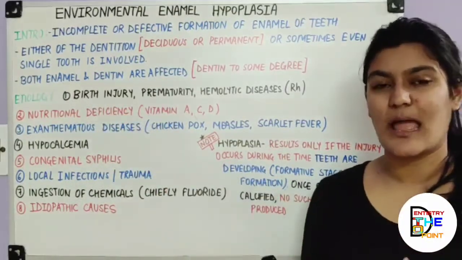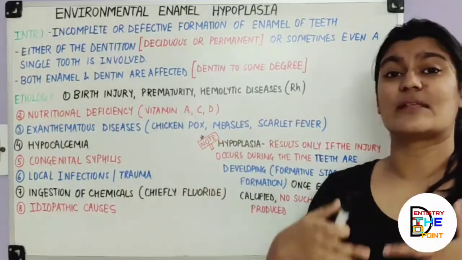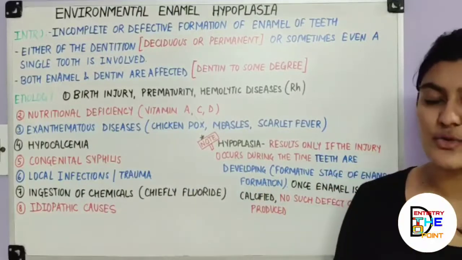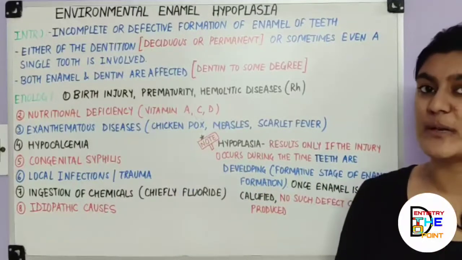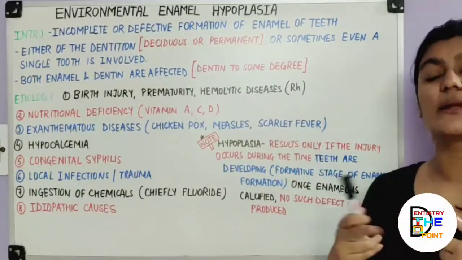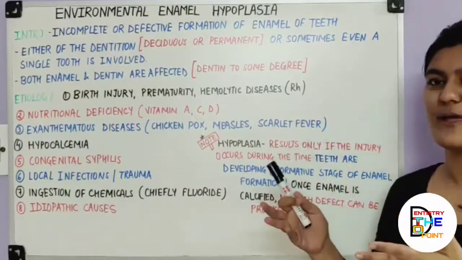So there is birth, and at the time of birth there can be any injury also. There could be a birth injury, premature birth or prematurity, and there could also be hemolytic diseases, that is the Rh incompatibility, the erythroblastosis fetalis, which you have read somewhere.